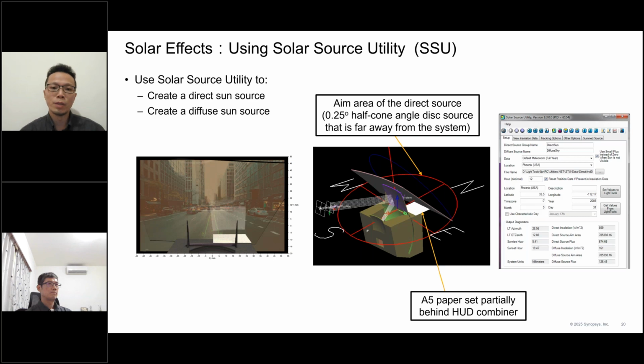For this case, we use this utility to create a source, and we place our paper set partially behind the HUD combiner. And then we run the visualization simulation. Finally, you can see the image. It includes the paper's reflection from the combiner and the windshield. That light comes from the direct sun and the diffuse sun. So we can use this feature to analyze the solar effects.